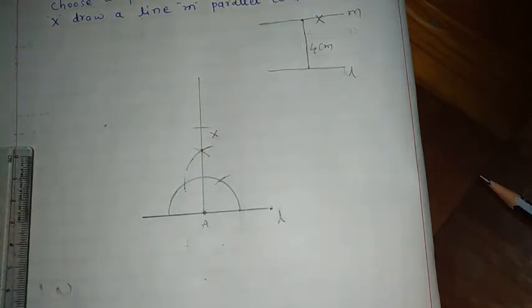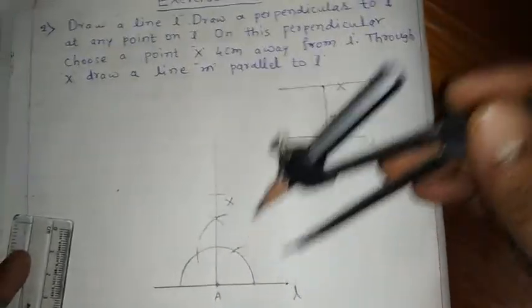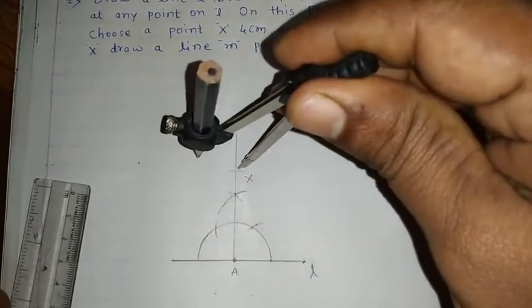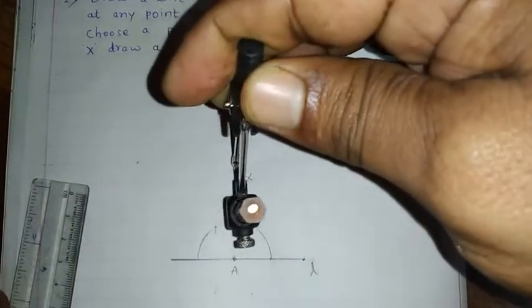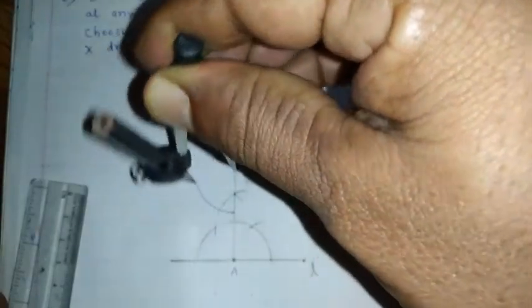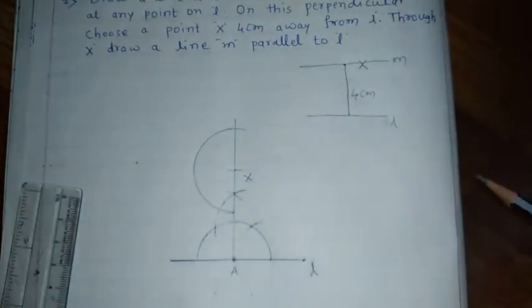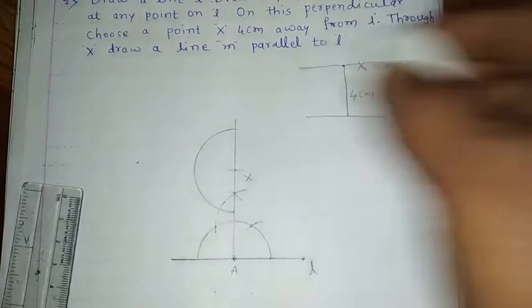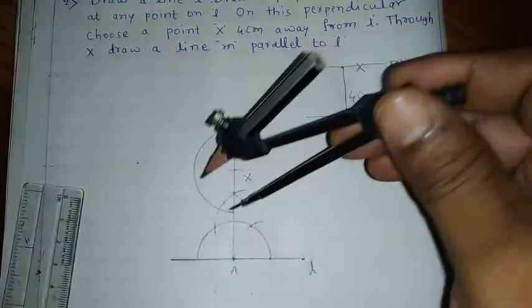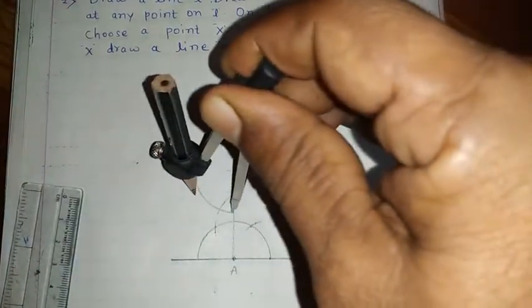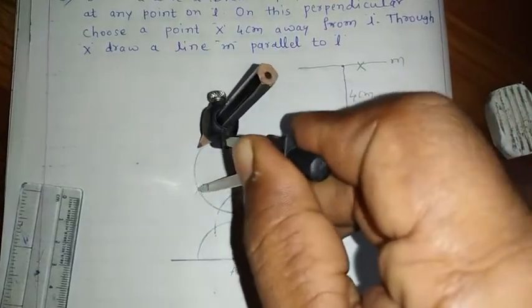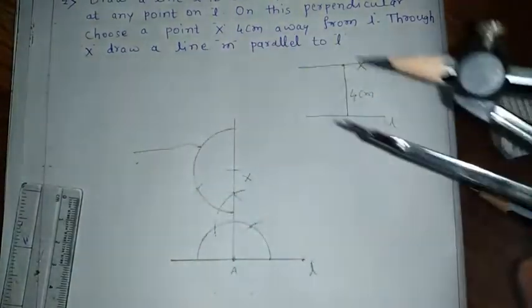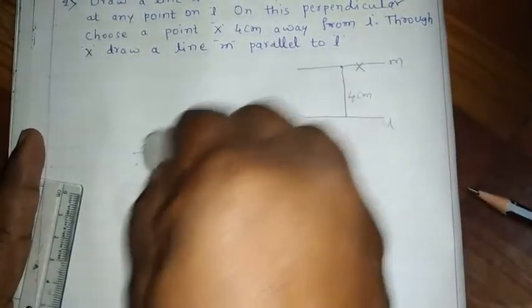See, all of you here, keep the needle at point X, draw one semicircle like this. Understood, students? Now you don't change this, keep the needle at this point, draw one more arc, and now keep the needle here, draw one more. Just a minute, students.